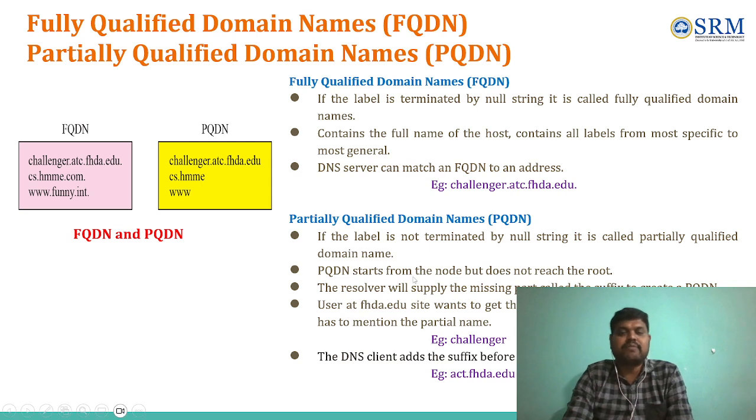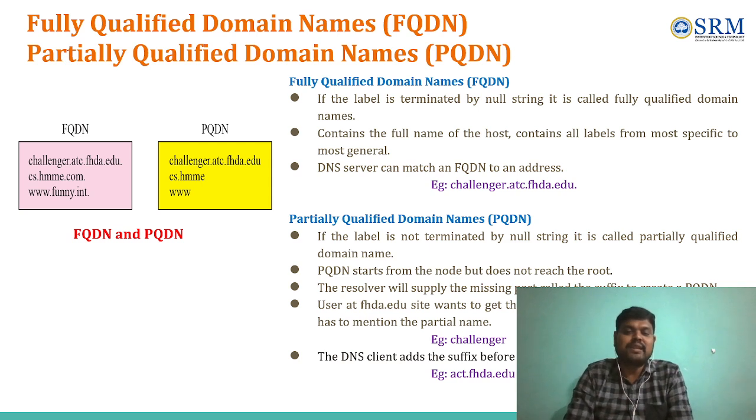They will start from the node but don't reach the root node. So it will never terminate at the top or root node. It is difficult for the resolver to identify the missing parts using partially qualified domain names, so we cannot use partially qualified domain names at all times.